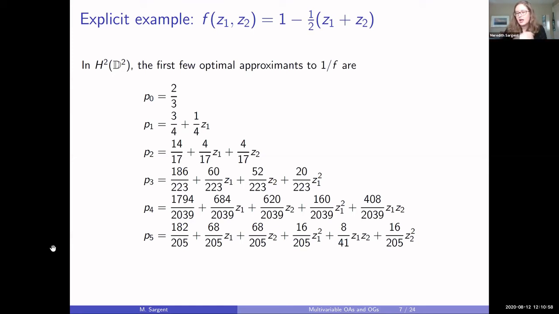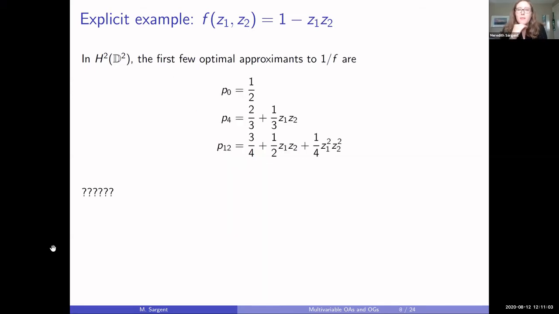So let's look at another example. Let's look at 1 minus z1 z2. This is a different potential generalization of 1 minus z. But here we run into some problems. You'll notice that on this slide, I've got P0, P4 and P12, but I don't have anything in between.